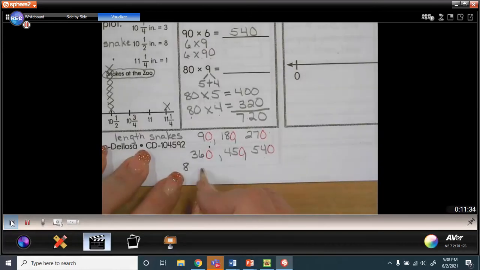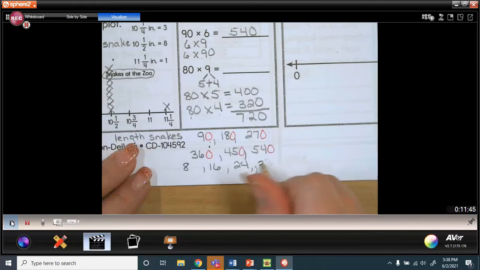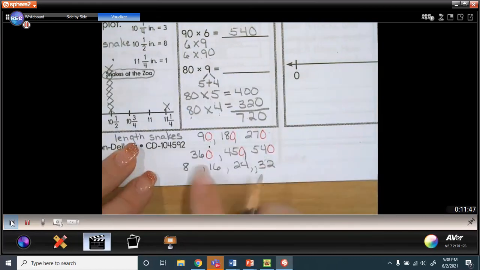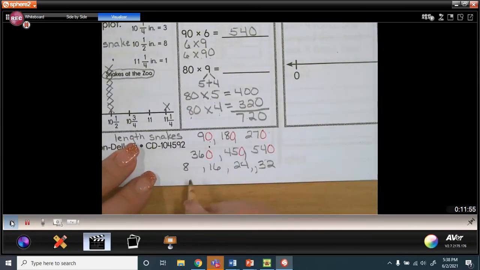Now, I could check that answer by using what I know about groups of 8. So 8, 16, 24, 32. That's 4 groups of 8 so far, which has been 320, if you notice that.